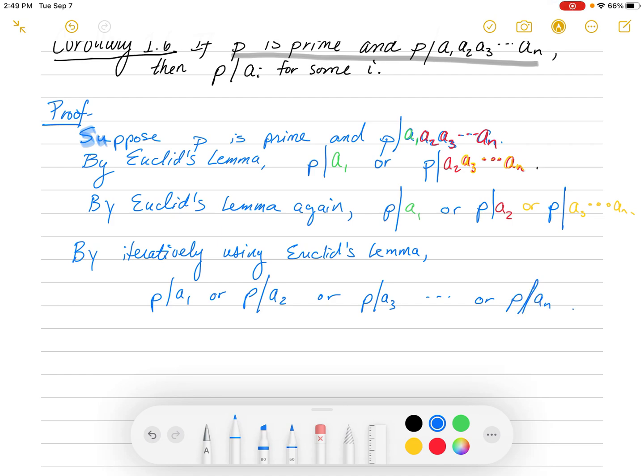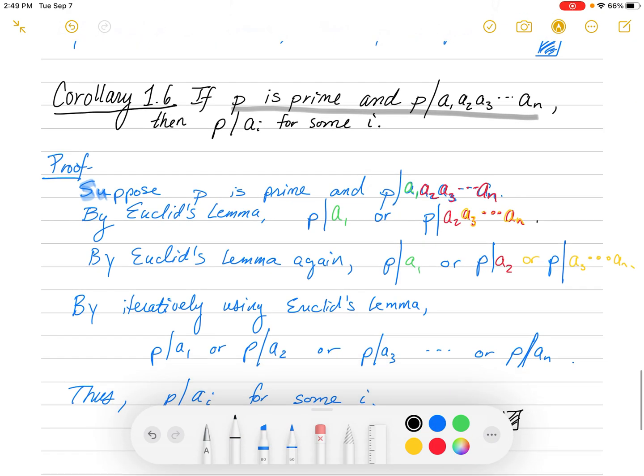So you can do this for as many terms as you want. So thus, P must divide at least one of those factors. P must divide AI for some I. And that's it. So we've proven it. All right, I think I will stop there.